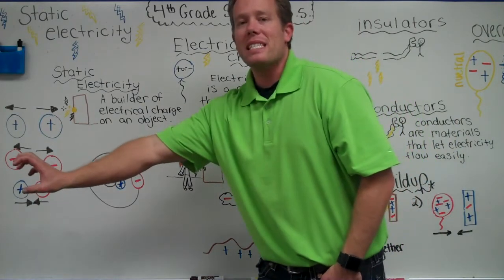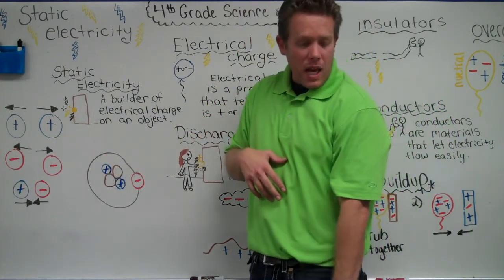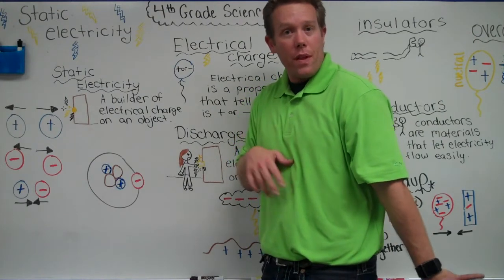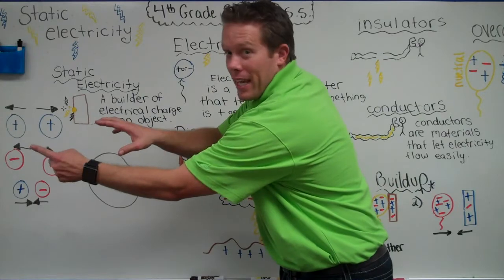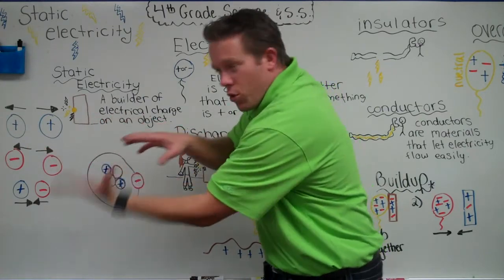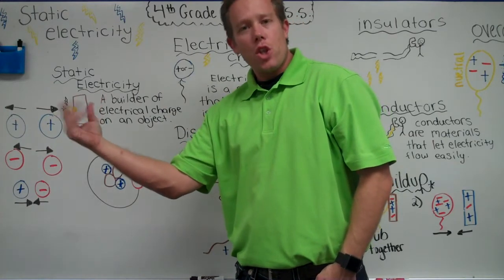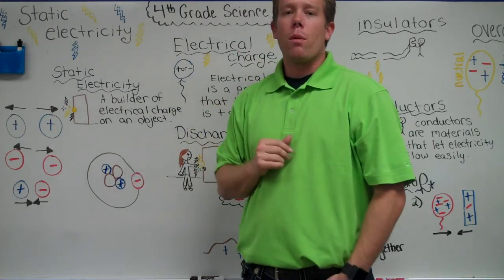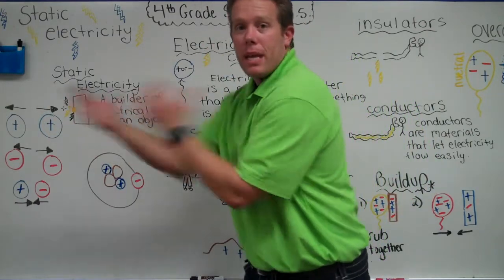The door handle is negatively charged. I am positively charged because I lost a couple negative charges on the carpet. When I go and touch the door, the negative and the positive is going to attract one another, and there's going to be an exchange of negative or positive electrons between us. Okay, I'm going to give up some, they're going to give me some.